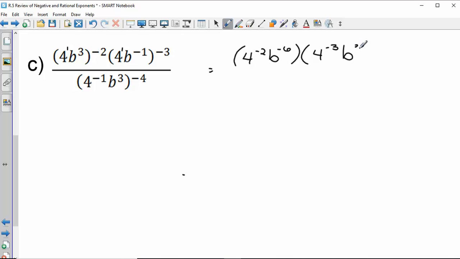B, -1 times -3 is +3. On the bottom, -1 times -4 is a +4. b, 3 times negative 4 is negative 12.